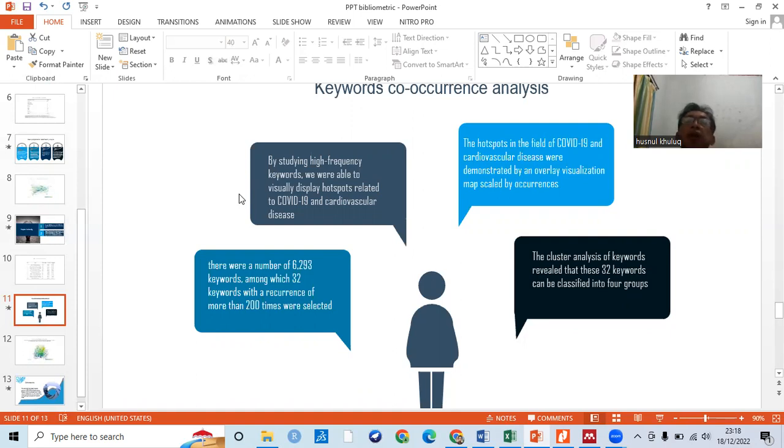The hotspot of COVID-19 and cardiovascular diseases were demonstrated by an overlay visualization map scheduled by occurrence. The cluster analysis of keyword revealed that these 32 keywords can be classified into 4 groups.